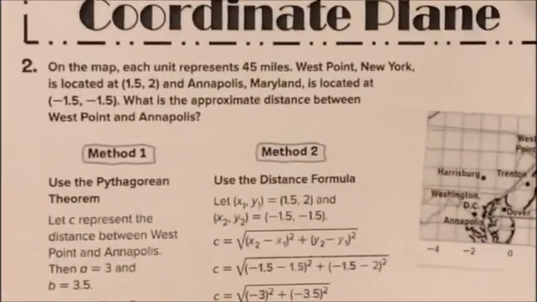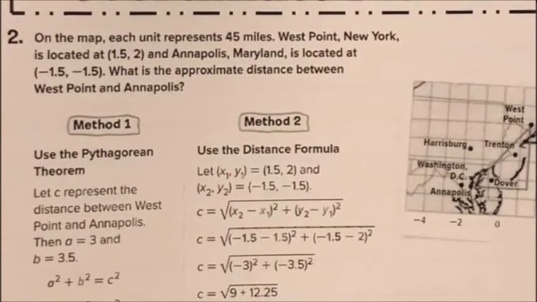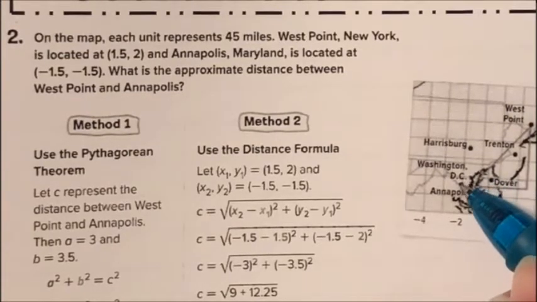Okay, let's look at example number 2. On the map, each unit represents 45 miles. West Point, New York is located at (1.5, 2), and Annapolis, Maryland is located at (-1.5, -1.5). What is the approximate distance between West Point and Annapolis? So here's Annapolis.